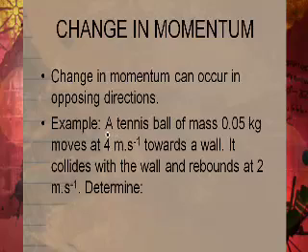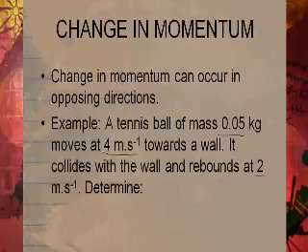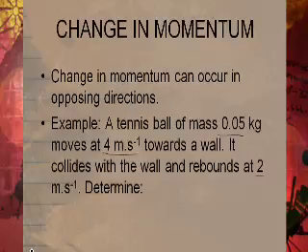Let's look at a situation where we have a tennis ball of mass 0.05 kilograms moving at 4 meters per second towards the wall. It collides with the wall and rebounds at 2.5 meters per second. Let's have a look at the momentum of the ball before it hits the wall. P initial should be equal to mass times V initial. Mass is 0.05 times V initial, given to us as 4 meters per second.